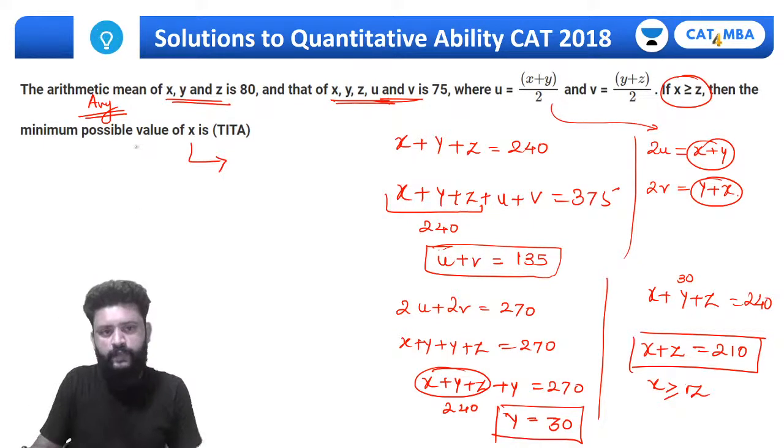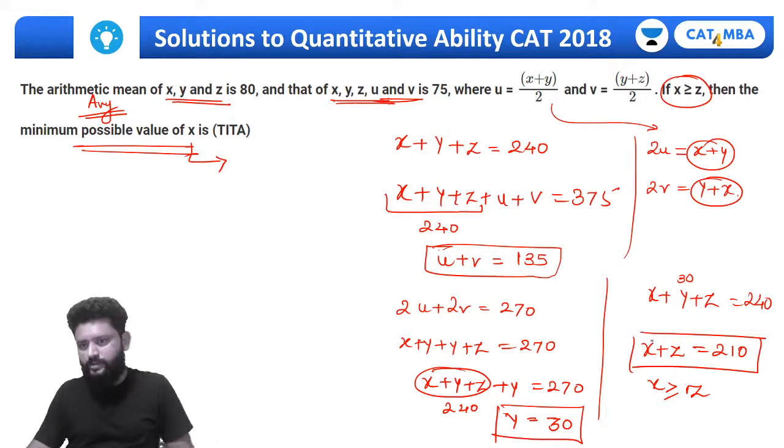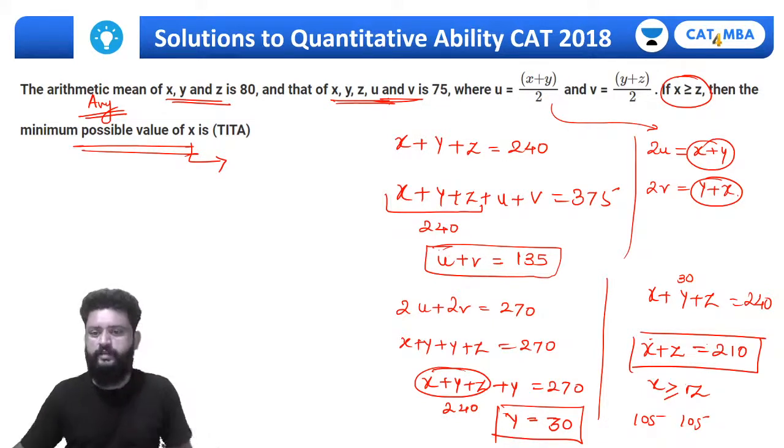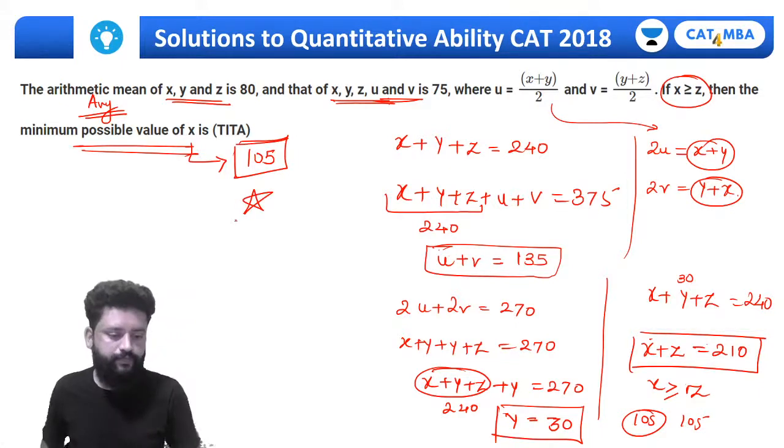Then the minimum possible value of x. Minimum possible, at most I can make them equal, 105 and 105, or else I would have to keep 106 and 104, something like that, but x must always be greater, so the lowest possible value of x will be half of 210. Basically this has to be 105. Really simple question on average and must solve question.